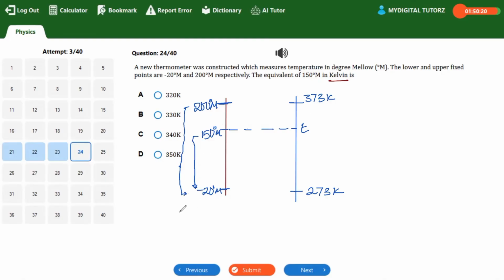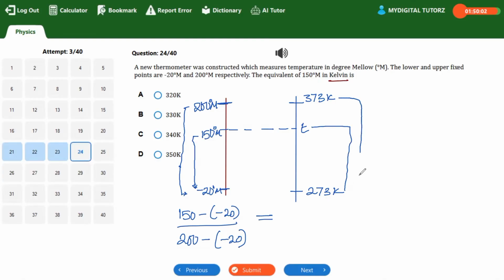So I'm going to have 150 minus negative 20 all over 200 minus negative 20, equal to t minus 273 all over 373 minus 273.